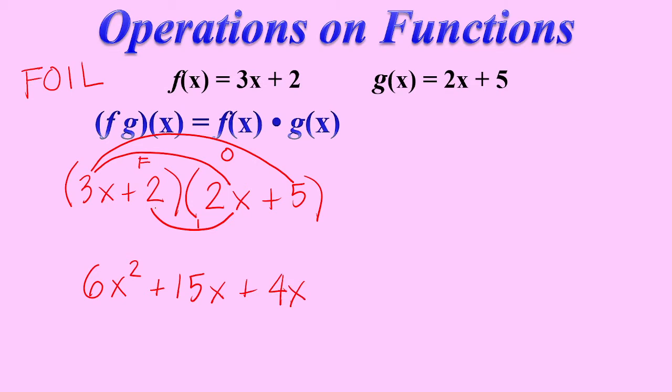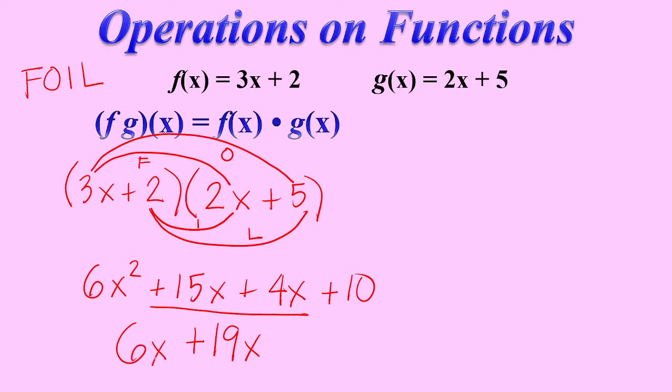Next, the last terms, 2 times 5, which is 10. Then the ones in the middle, we add them. How much is positive 15x plus positive 4x? Positive 19x, without the squared. And then bring down 6x squared, and bring down positive 10.